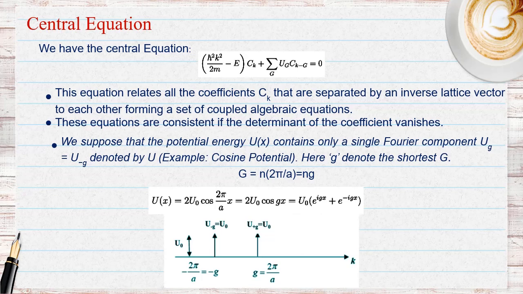So we can represent it as n into 2π/a. So the small g, the primitive inverse lattice vector, is 2π/a.